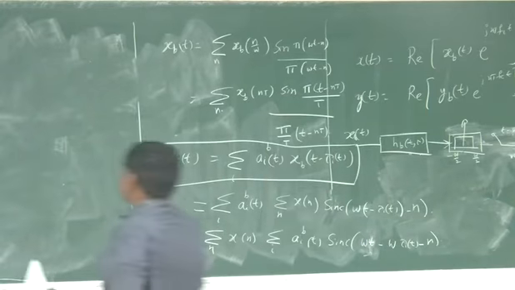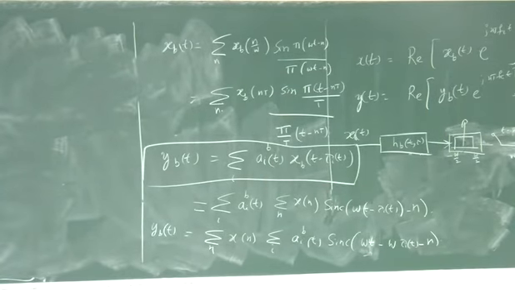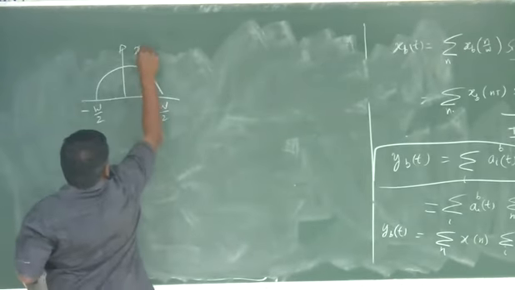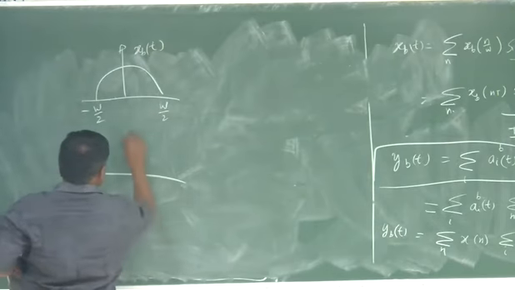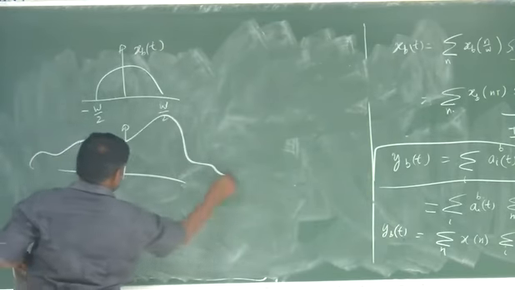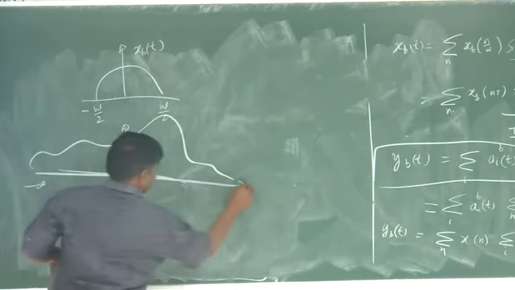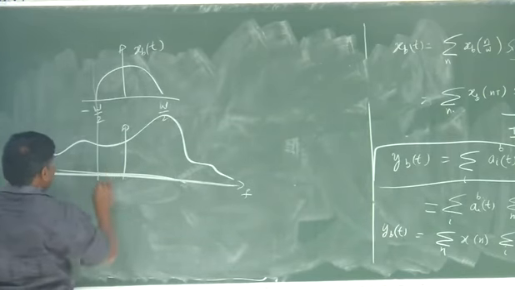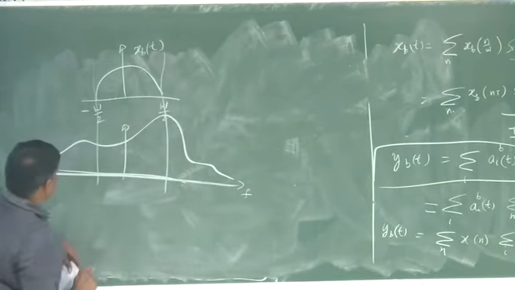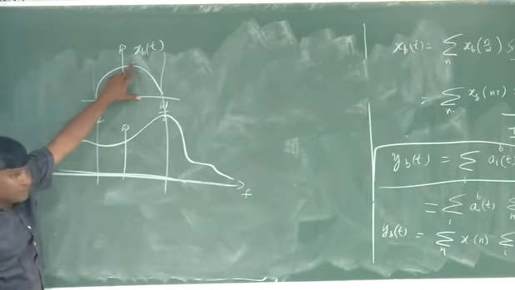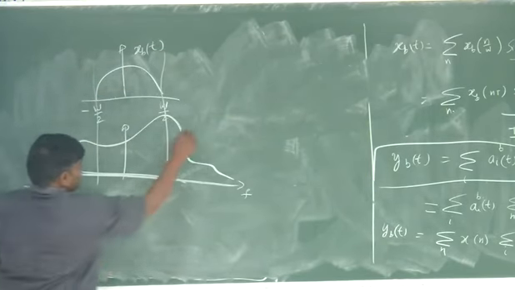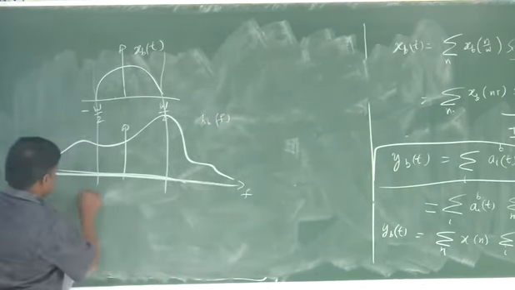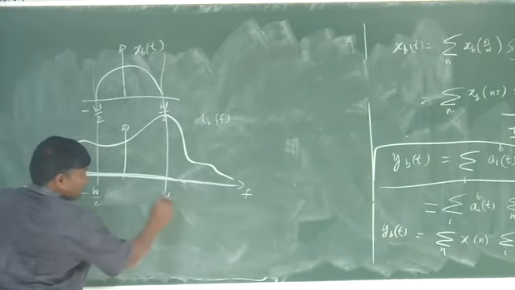Because the original signal xp of t, and let us say the channel has characteristics between minus infinity to plus infinity, but when you multiply them, what matters is the product xb of f multiplied by hb of f, and we are interested in the range minus W by 2 to plus W by 2.